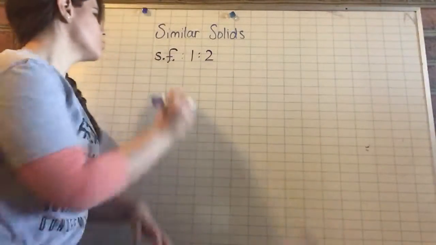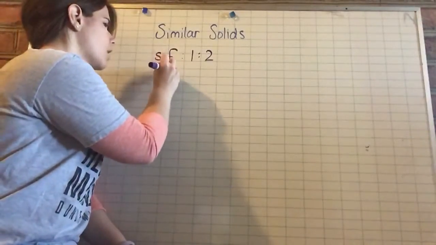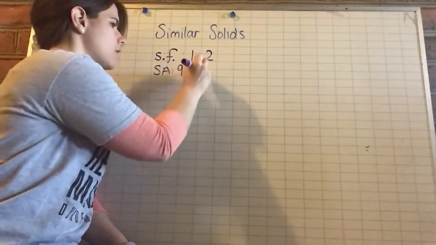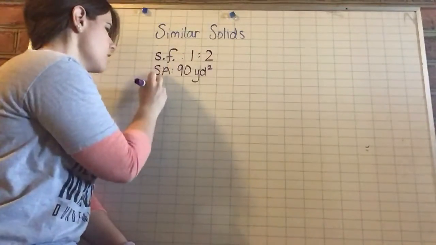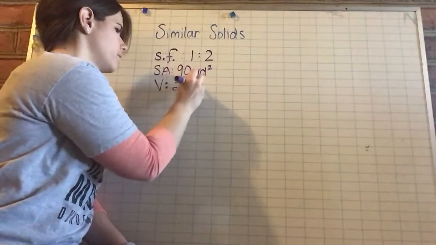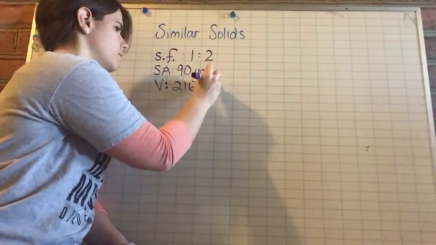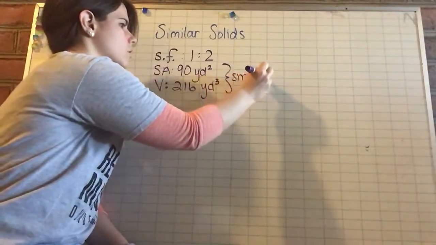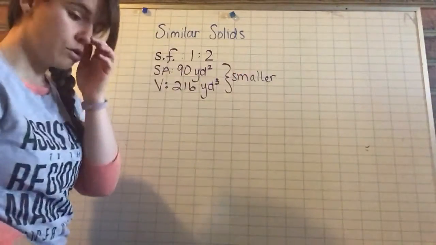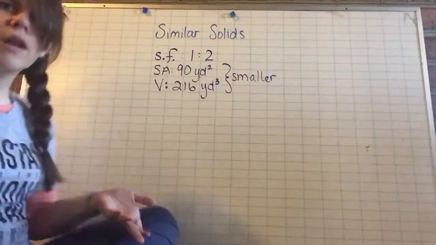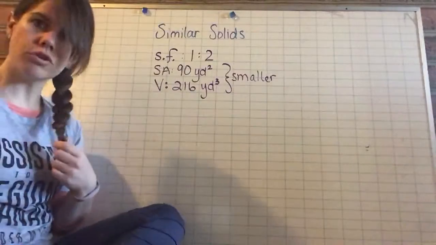And then I tell you the surface area of the smaller figure, and that's important, and the volume of the smaller figure, okay, so these are both for the smaller figure. Those are the surface area and volumes. What is the surface area and what is the volume of the larger figure?